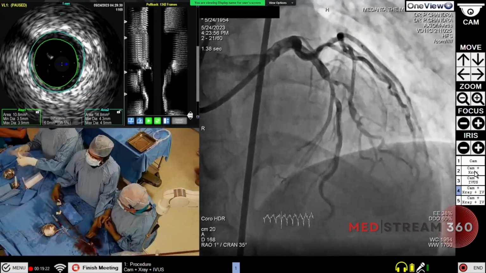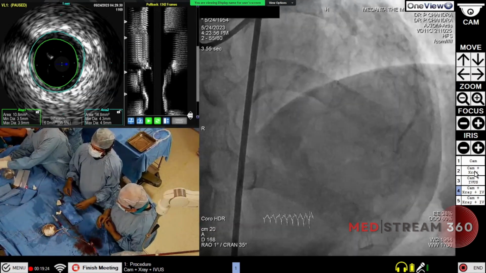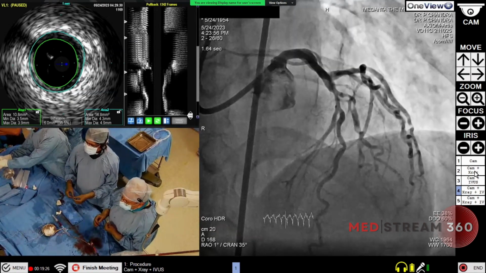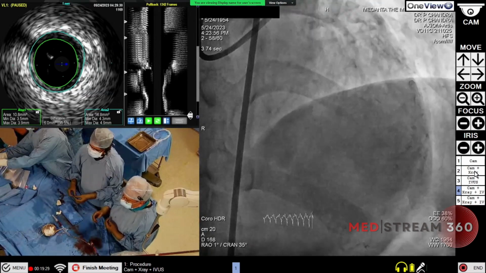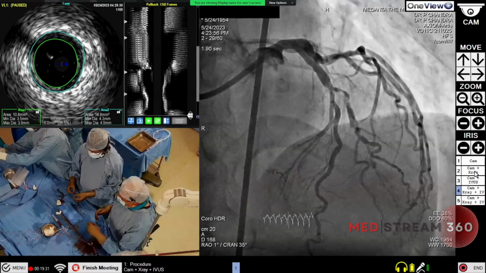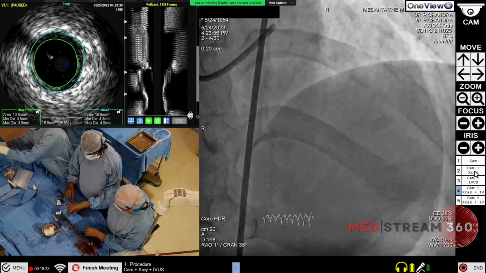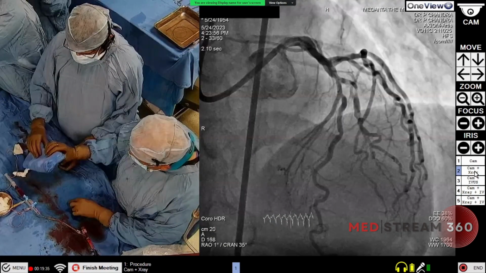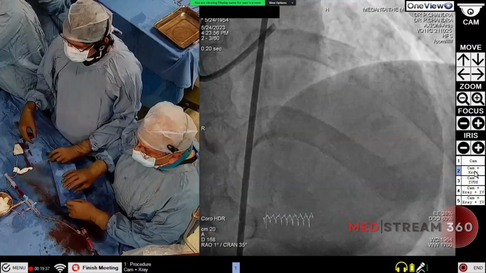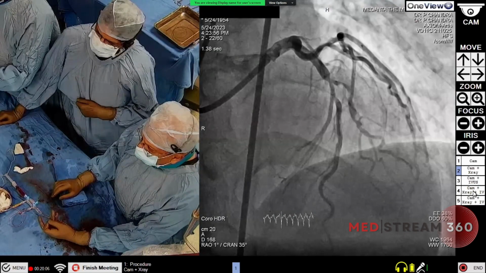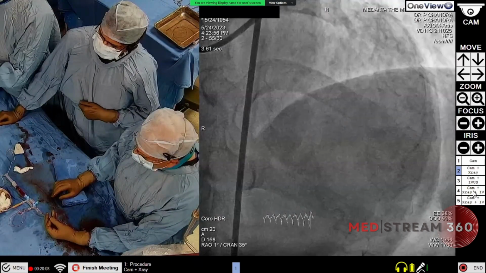So let me see now. We are getting the shockwave ready. In the meantime, what we can also do is dilate this diagonal. Give me the 2.5 cutting balloon. So we are going to dilate this diagonal first.